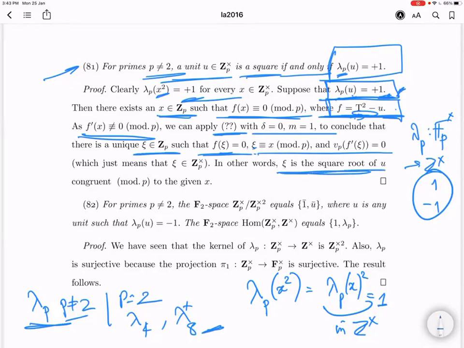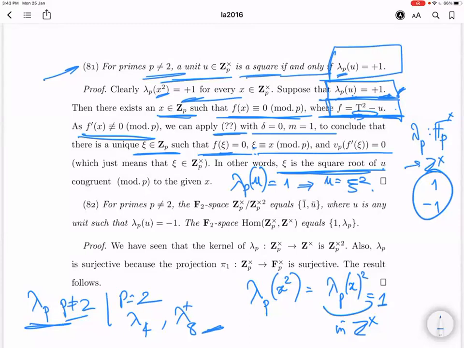So psi is a square root of u. The summary is that if lambda p of u equals 1, then u is equal to psi squared. This is what we have proved here.